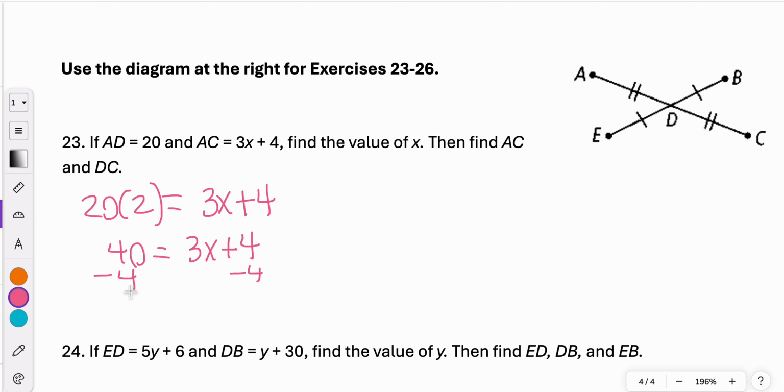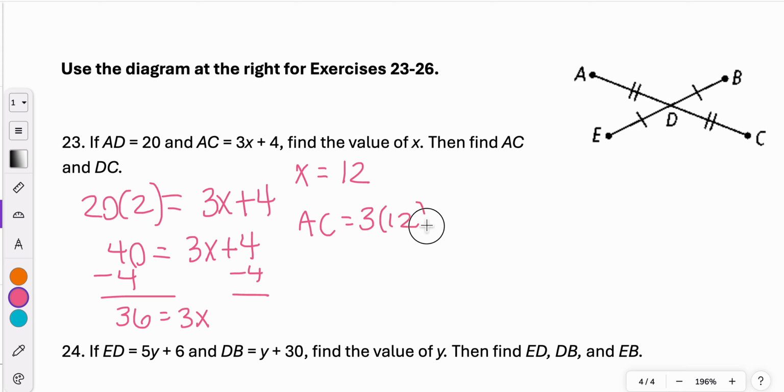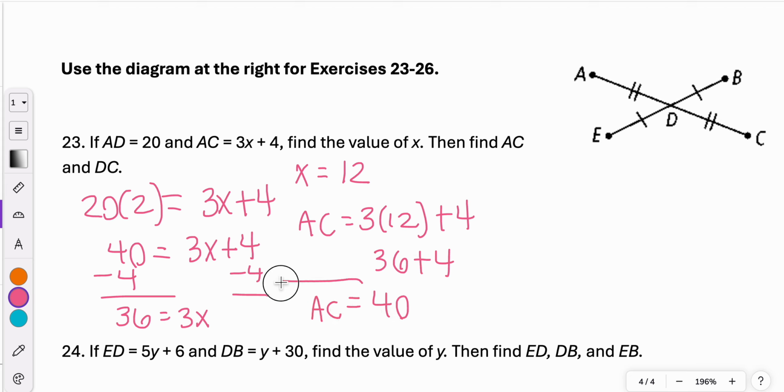Subtracting 4 from both sides, I'm going to get 36 equals 3x. So my value of x to start off with is 12. Then find AC. So AC, I'm just going to plug in the 12 where I have my x value, so 3 times 12, and then plus 4, which we already know is 40. So I'm going to circle, square both of my answers here.